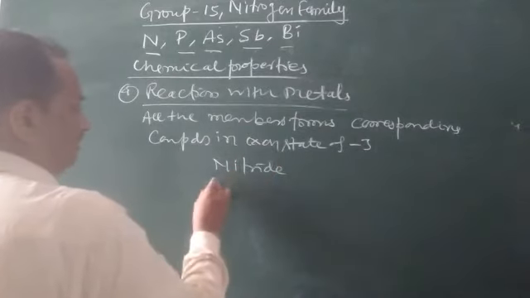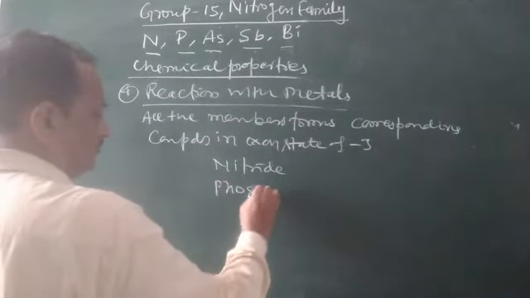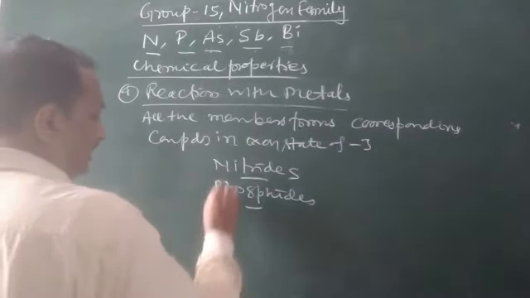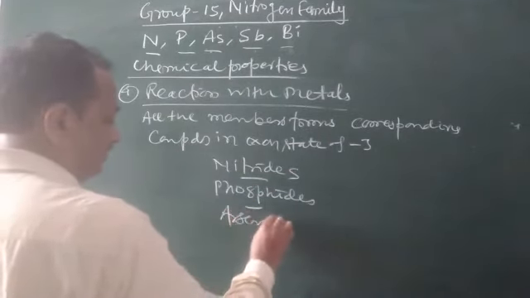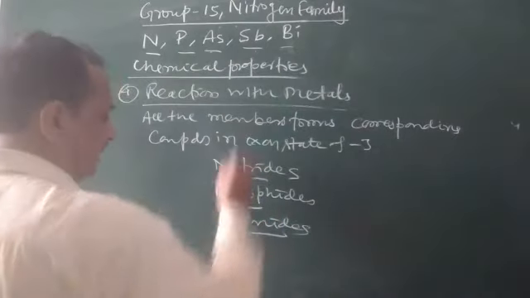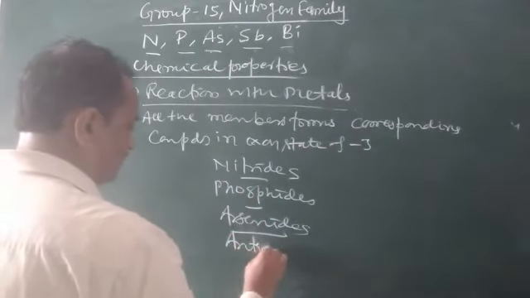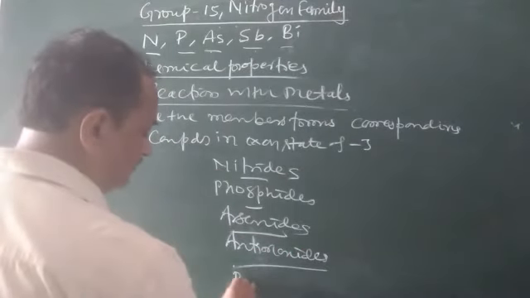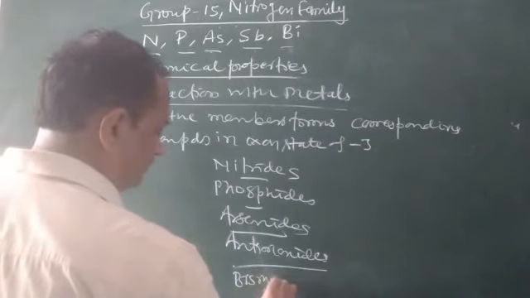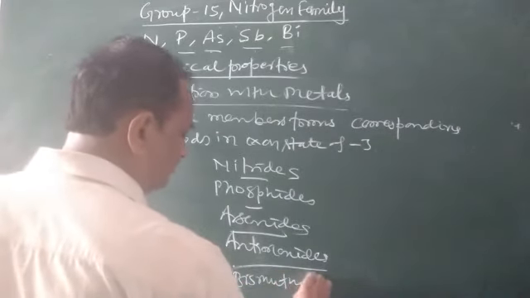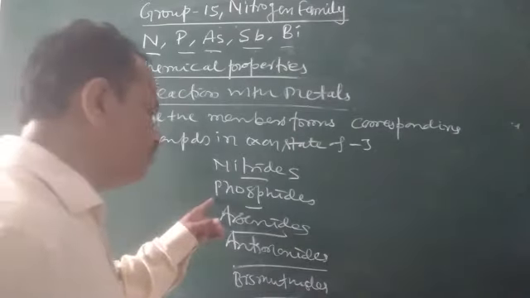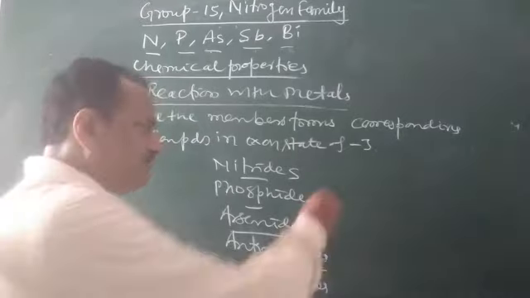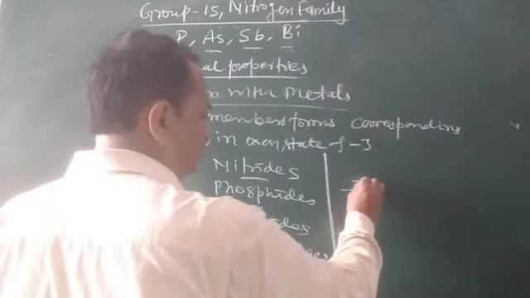Nitrides are formed, then phosphides, then arsenides, then antimonides, and then bismuthides. Nitrides, phosphides, arsenides, antimonides and bismuthides are the compounds, and all are in the oxidation state of -3.